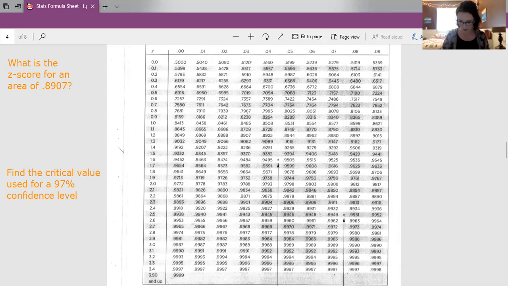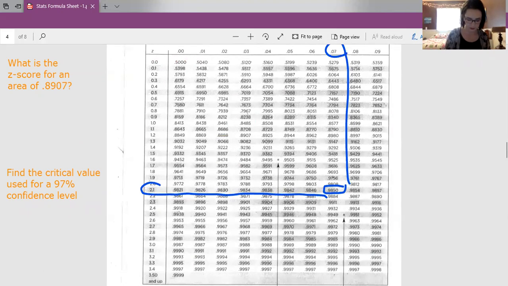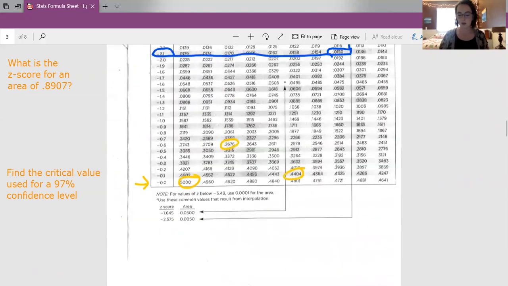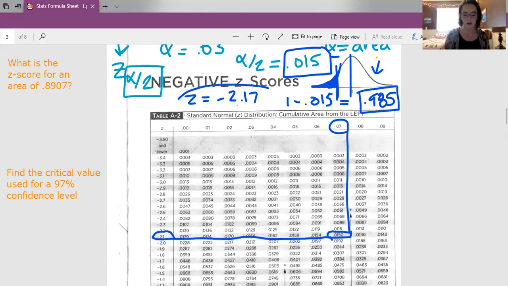Keep going, 0.985 right here. There it is. Okay. Same thing, going to go up. Hey, look, it ends in a 7. Go over. Starts with a 2.1. This is what we're saying: z equals 2.17. That is the same thing as what we found up here. That's how you know you're correct.